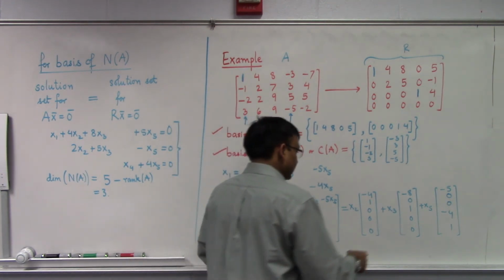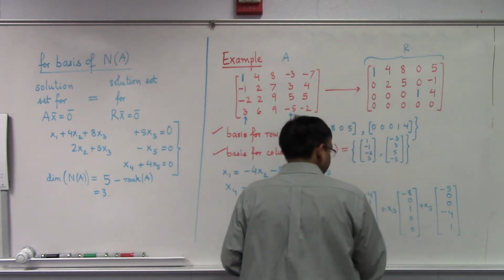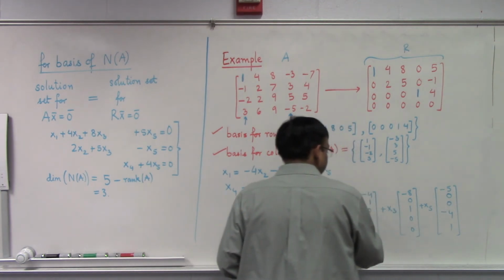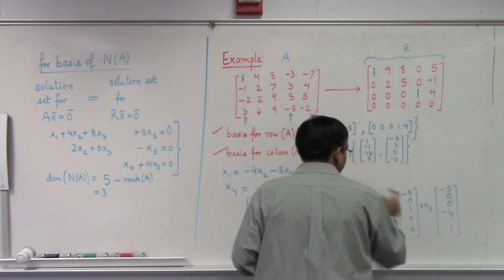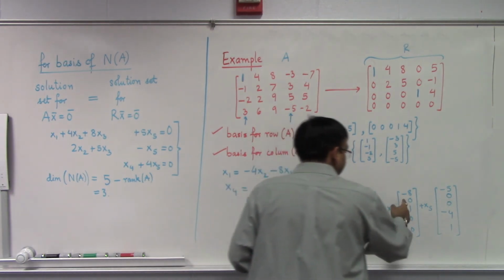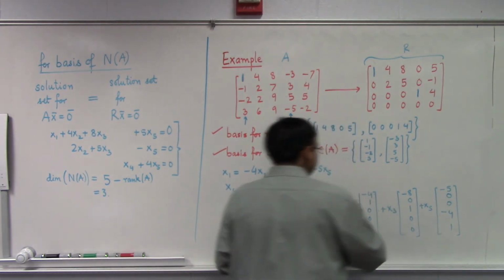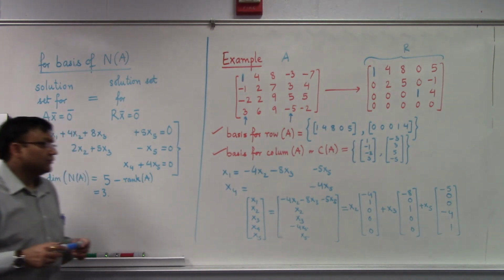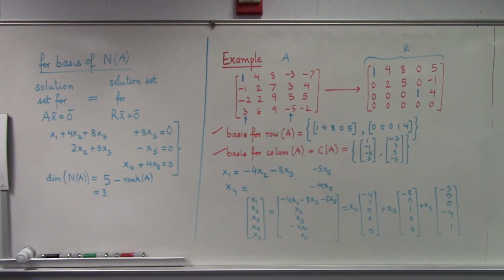Likewise, can these two combine to produce this guy? Look at the third entry. They both have zeros. They cannot produce 1. Can these two combine to produce this guy? In the second entry, both of them have 0. Out here, second entry, we have 1. So there's no way that any of them can combine together to produce the third vector. So these are three linearly independent vectors, and hence they form a basis for the null space of A.